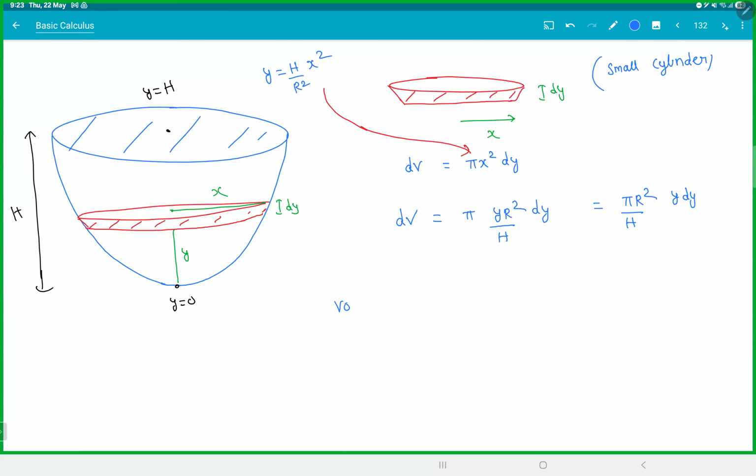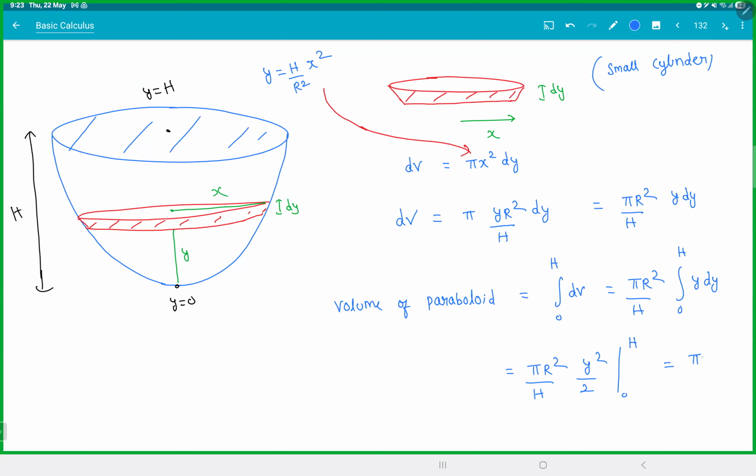So for the volume of the paraboloid, integral dV, limits will go from 0 to h. This is pi r square by h integral y dy, 0 to h. That turns out to be pi r square by h into y square by 2, limits from 0 to h. Substitute here, you end up with pi r square h by 2.